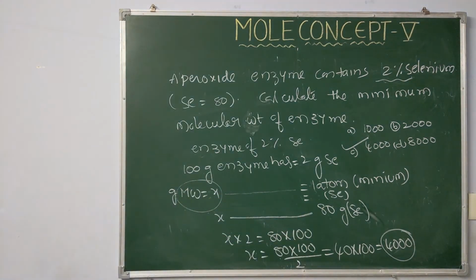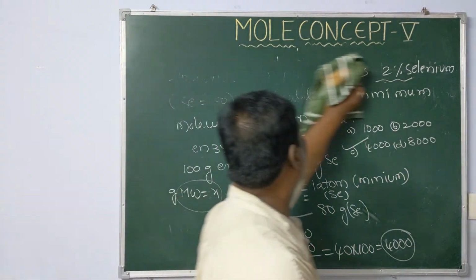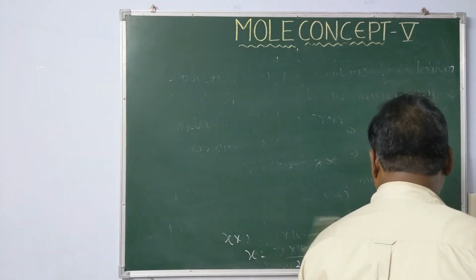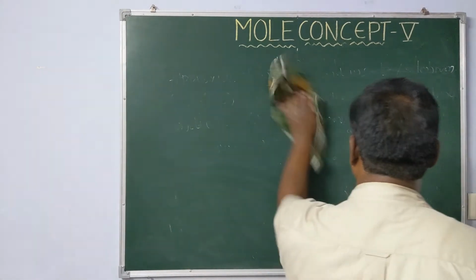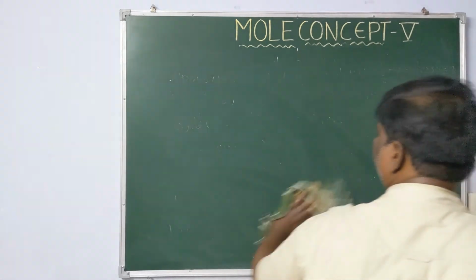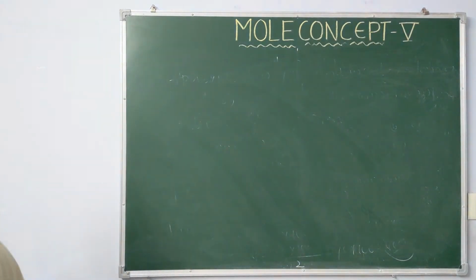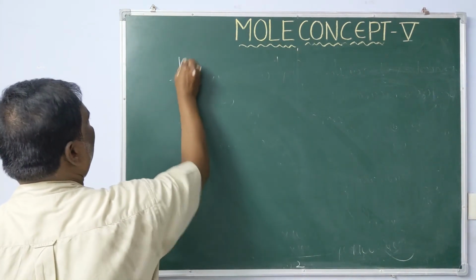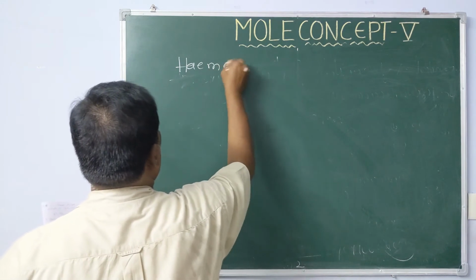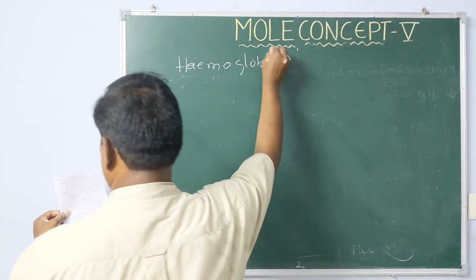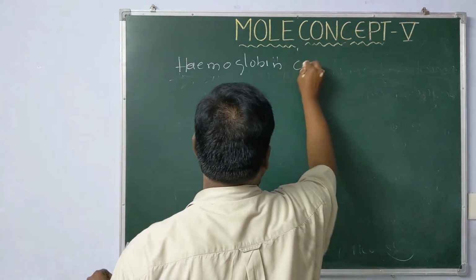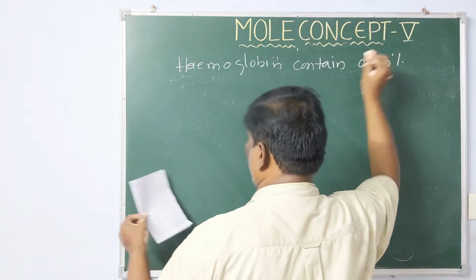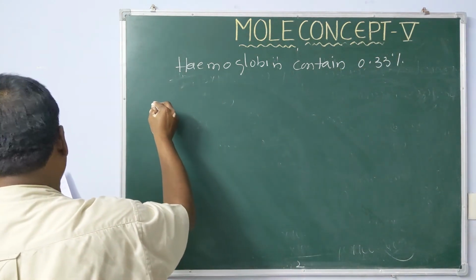The next problem is: hemoglobin contains 0.33% of iron.